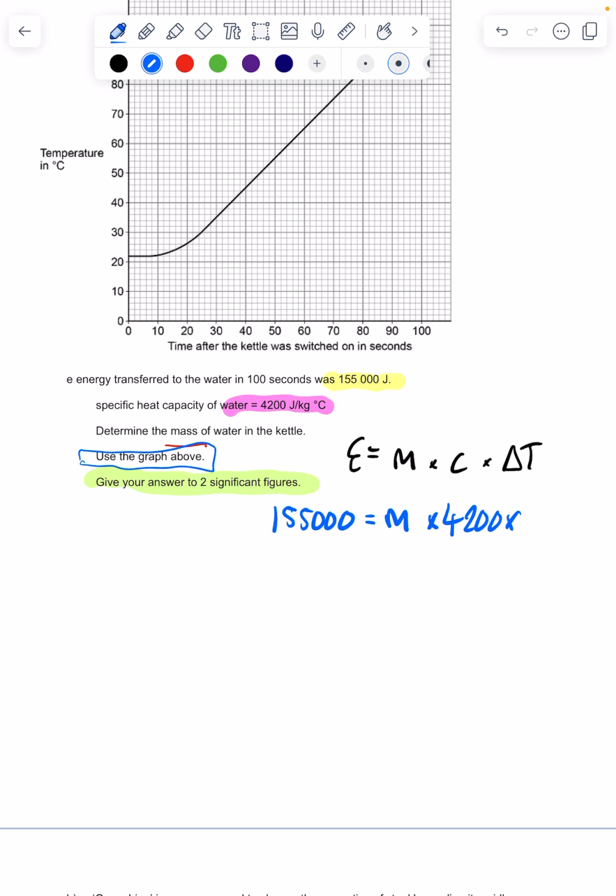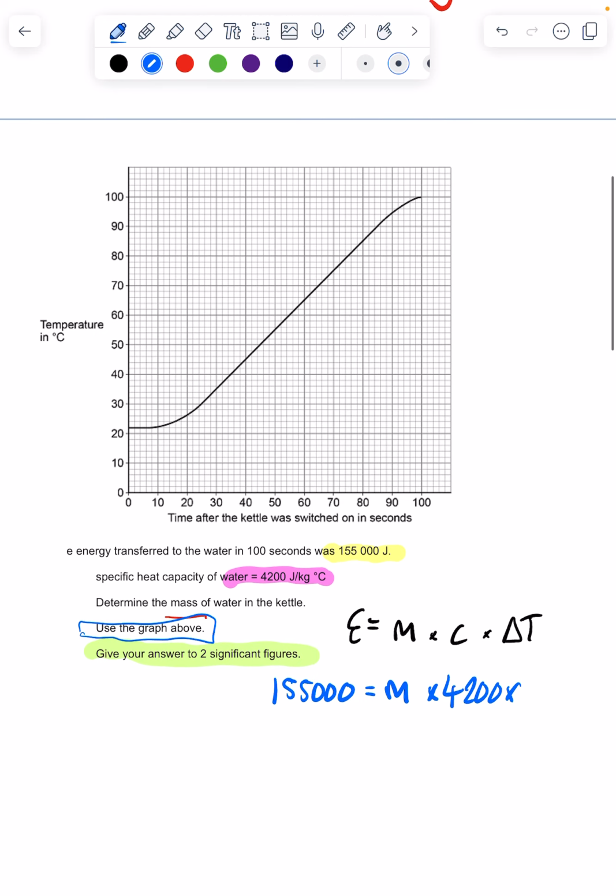We have to use the graph when we work out the temperature change. You can see it ends at 100 degrees Celsius after 100 seconds, but it starts at 0 seconds at this point here. From 20 to 30, we've got 5 little boxes, so each box must be worth 2. So it's going to start at 22. 100 take away 22 is the key calculation, which is going to equal 78. So the temperature change is 78.